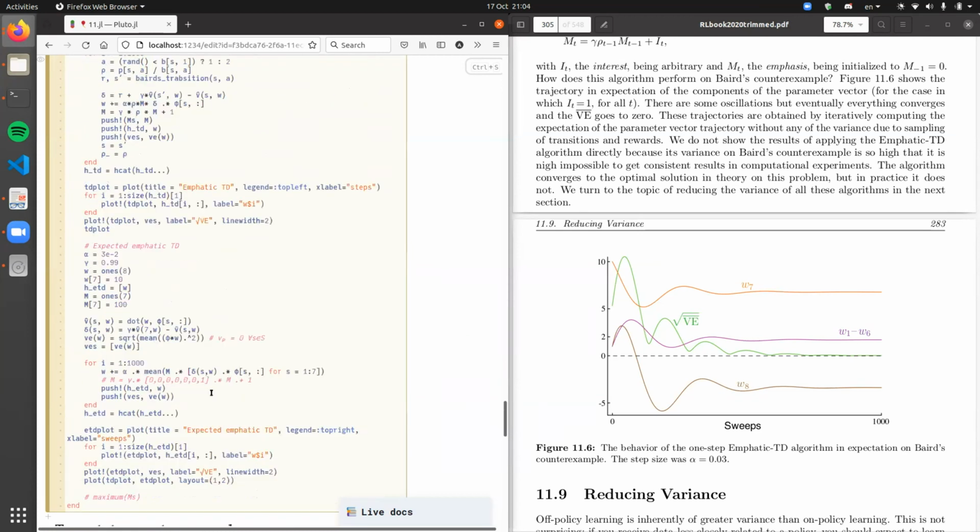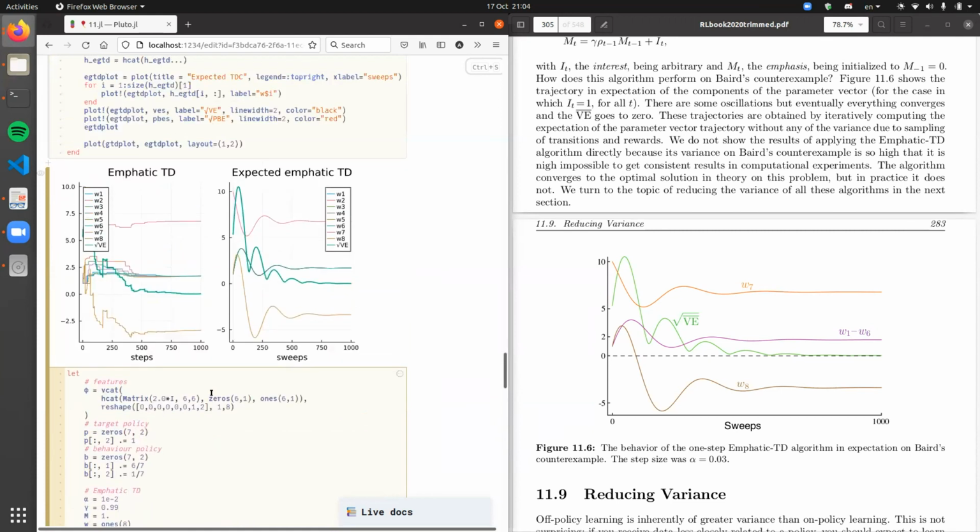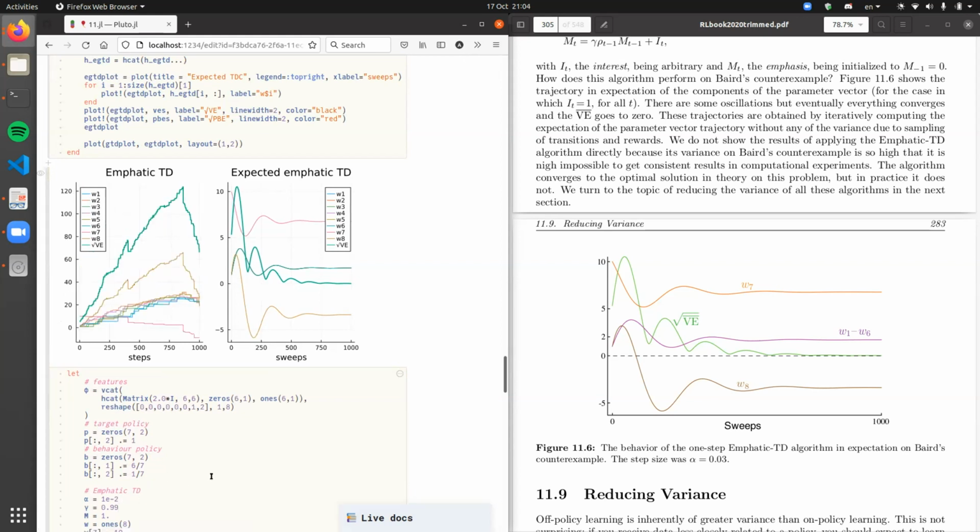All right, so those are two algorithms that are trying to solve this problem of divergence when using off-policy learning with function approximation and bootstrapping.